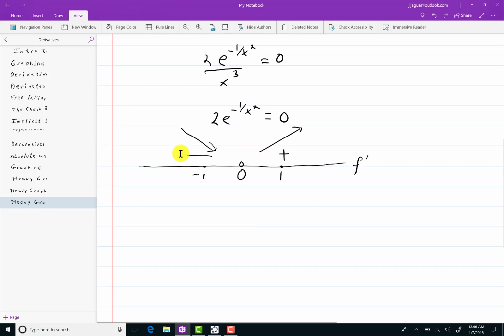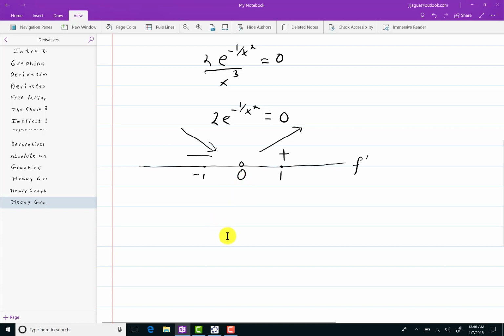Now 0, unfortunately, is not going to be a local minimum. However, there may be a hole in the graph, something along those lines, where the minimum would be, but the hole will be in its place of where the minimum is.